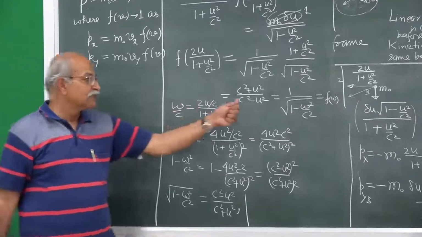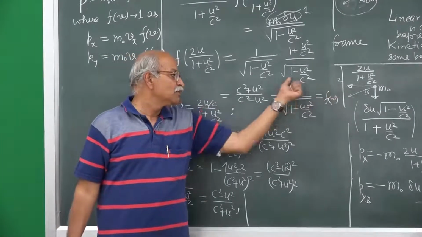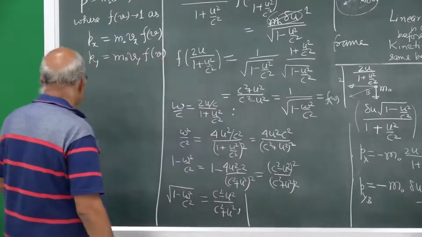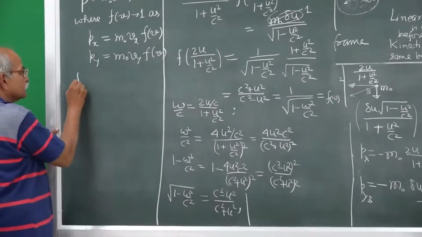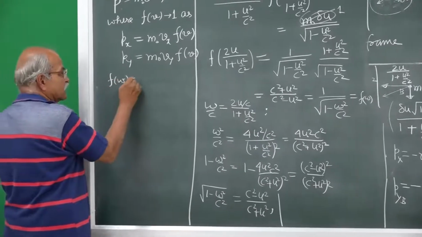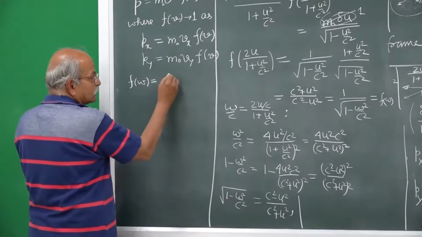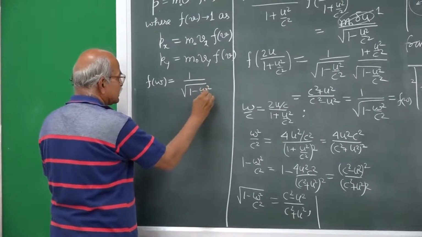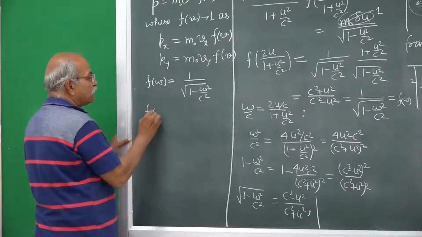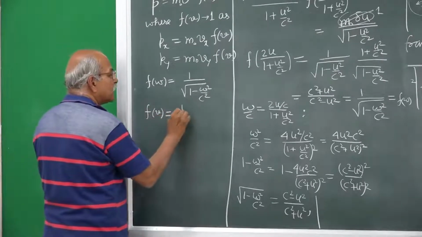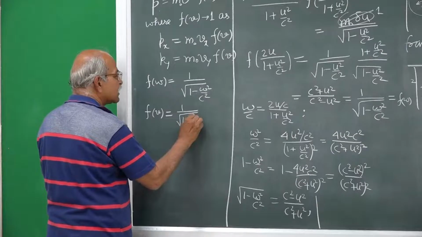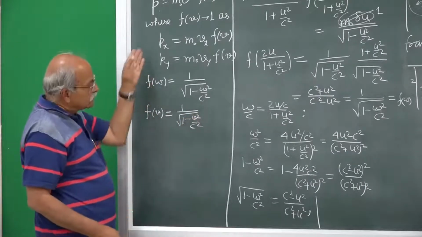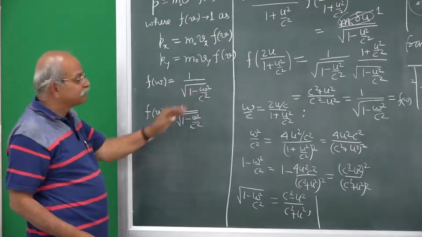So, we have gotten the functional form. f of w is 1 divided by square root of (1 − w²/c²). So, f of v is 1 by square root of (1 − v²/c²). This is the functional form, whatever you put here you write here.